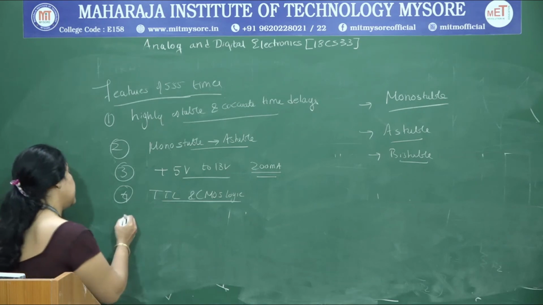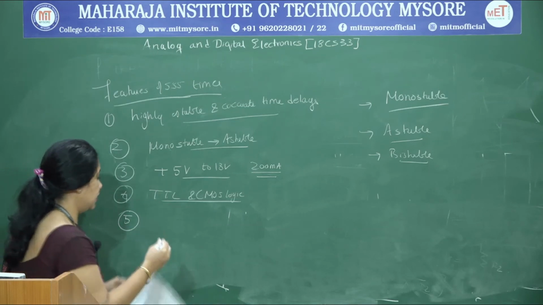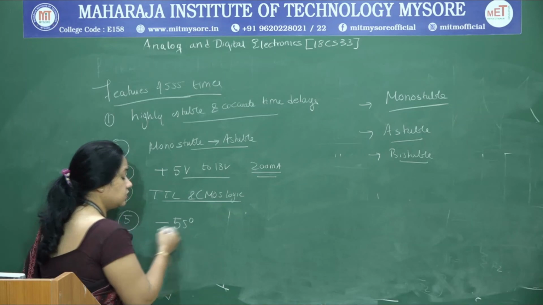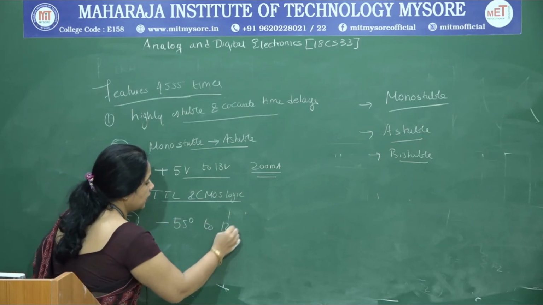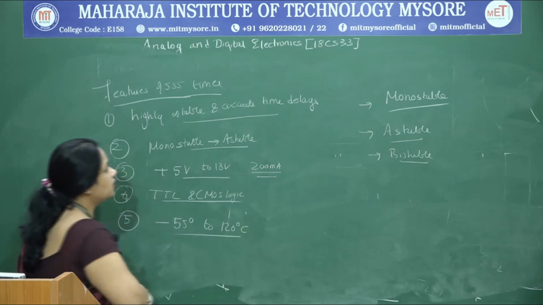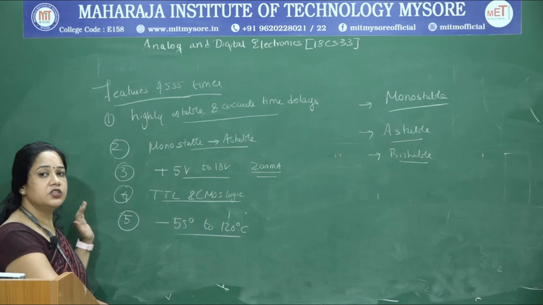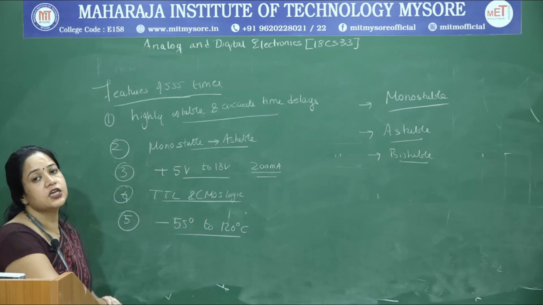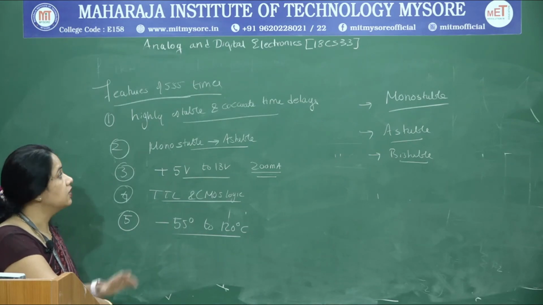And the fifth one is that it offers very high temperature stability, and can be operated in the temperature range from -55 to 120 degrees centigrade. These are important features of the 555 timer which make it suitable for generating various timing and clock signals.